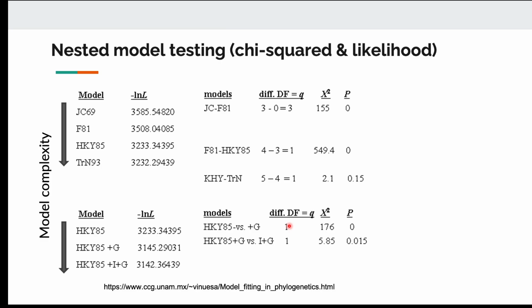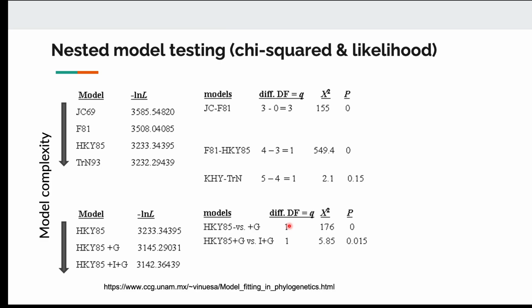You have Jukes-Cantor being the simplest, and you have more complex models that have more and more parameters. The idea in statistics is, if the model is more complex, it's usually bad, because that means you are increasing the degrees of freedom. But the good thing is, if the parameters that you add are the ones actually needed to explain the data, then you get a better likelihood.